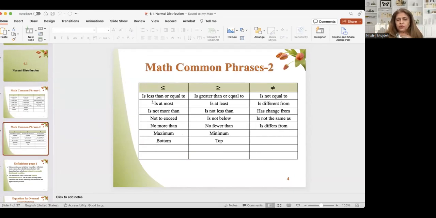For at most 5, you put the variable x first: x less than or equal to 5. For at least 7, you put your variable x on the left side: x greater than or equal to 7.